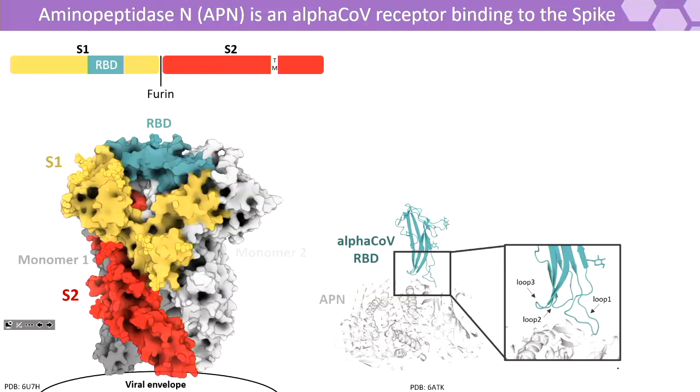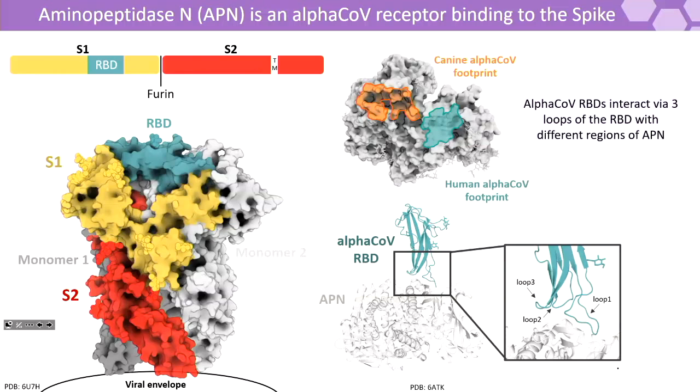What's interesting is that although different virus species of alphacoronavirus use APN, they do not interact with the same region of APN. Here is the top view of APN, with 2 footprints highlighted, one of canine coronavirus and the other of human coronavirus, and you can see that they don't even overlap.